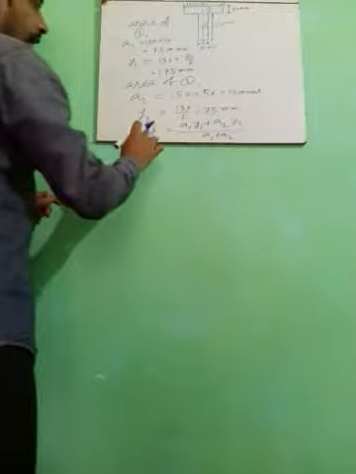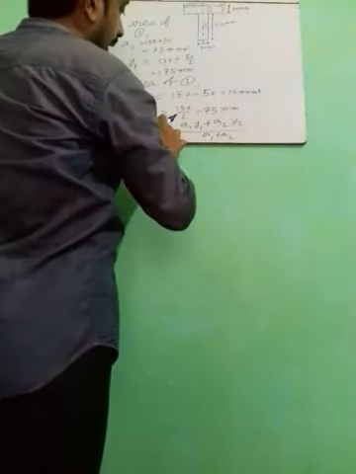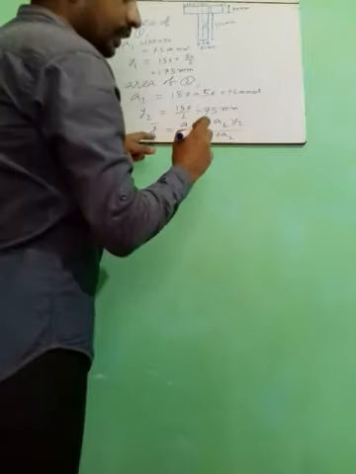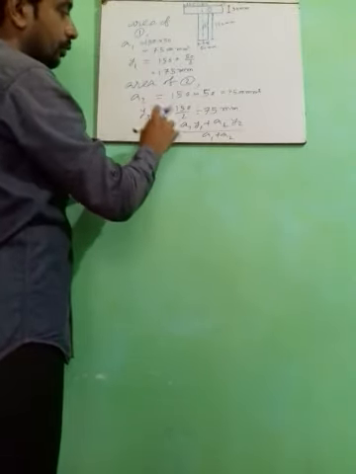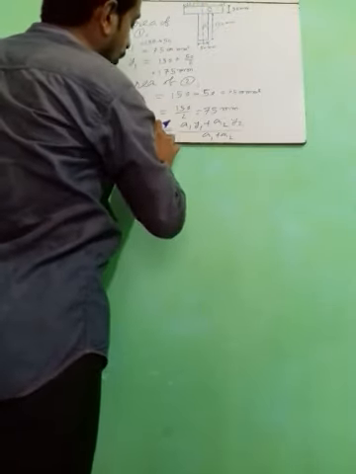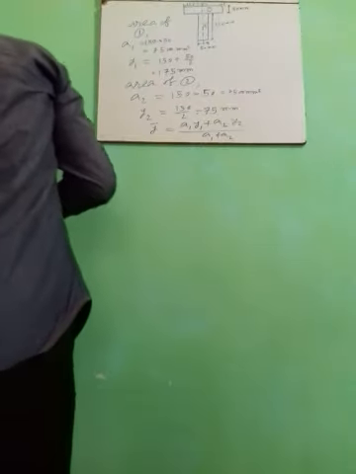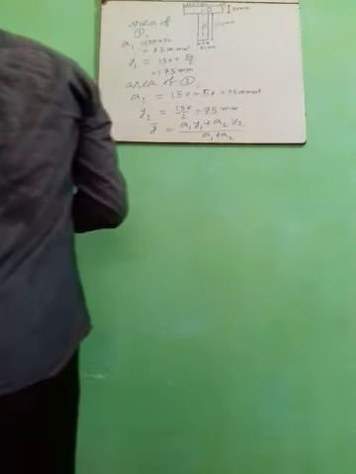If there are more than one figure, then the distance of the CG of the total figure from the reference line follows this formula.